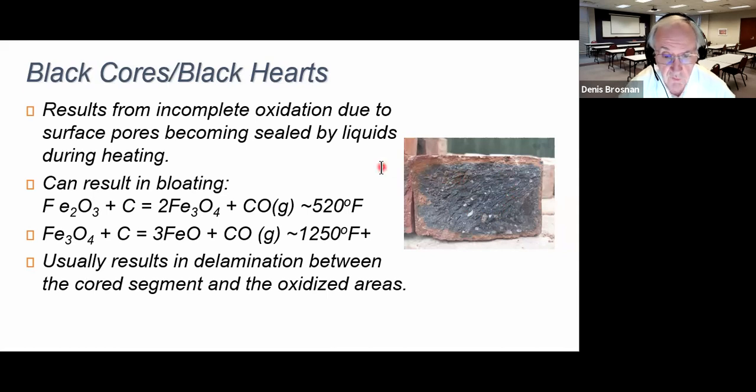Nevertheless, there's no carbon here in this core. There's no difference in the carbon content here. All the carbon's gone, but the effect of the carbon is there because the carbon created black iron oxide in the core, magnetic iron oxide.